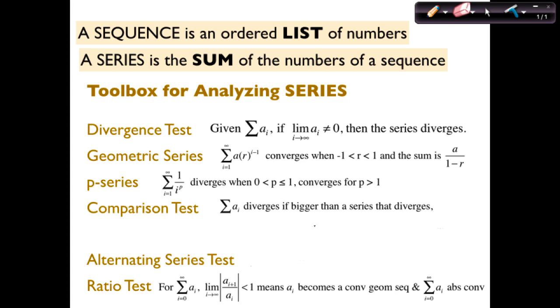Okay, the ratio test says that we make a new sequence, right? We make this new sequence, and what is it? It's the ratio of consecutive terms in our series, the ratio of consecutive terms. And we look at that sequence, and we analyze it for whether it converges or not.